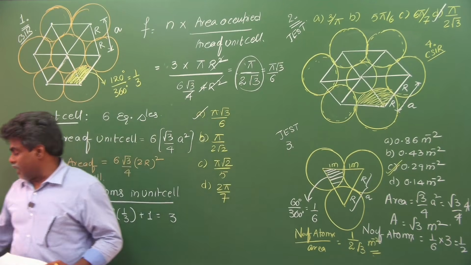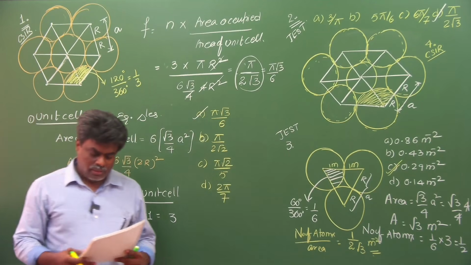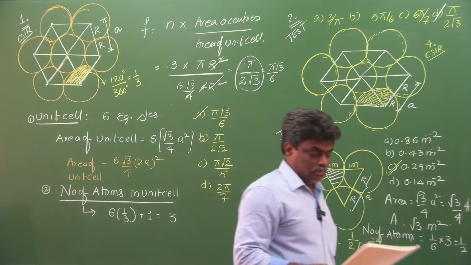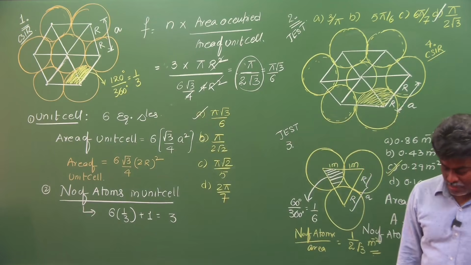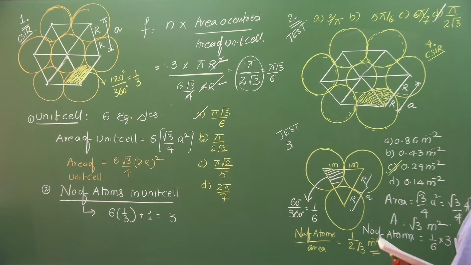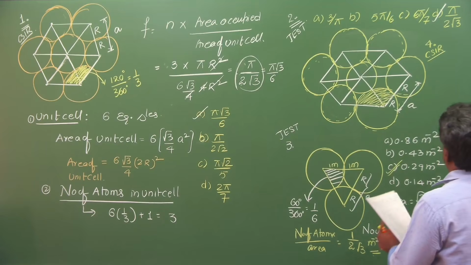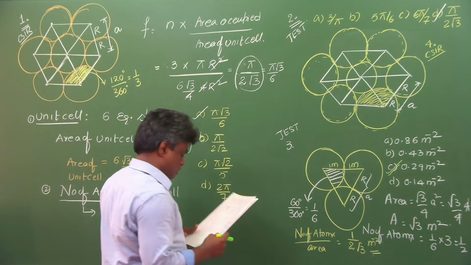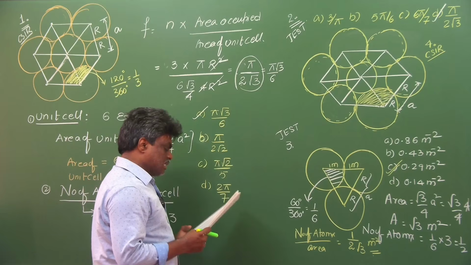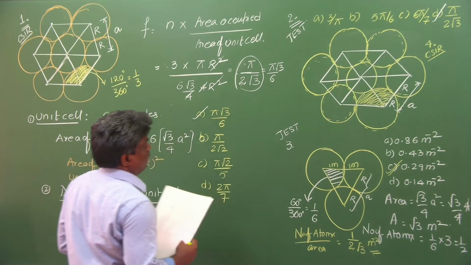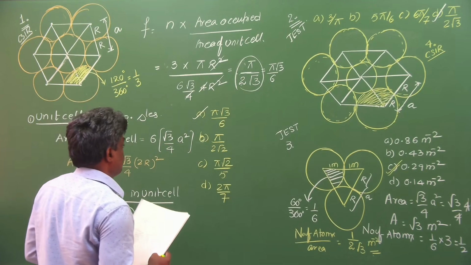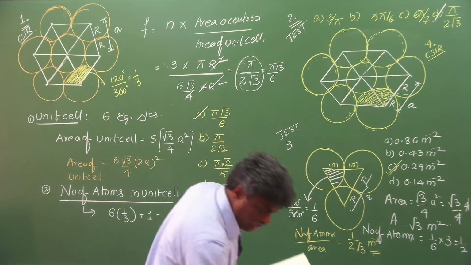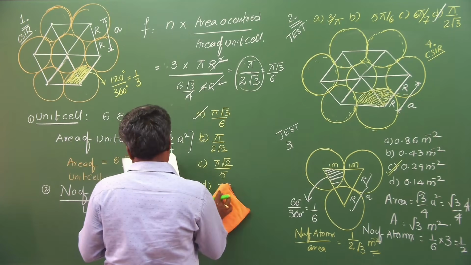Each Na atom has radius r1, and each Cl atom has radius r2.